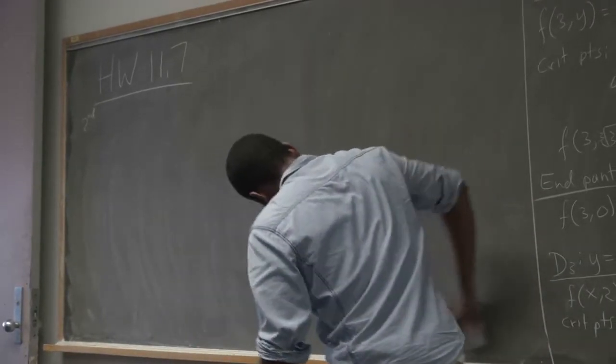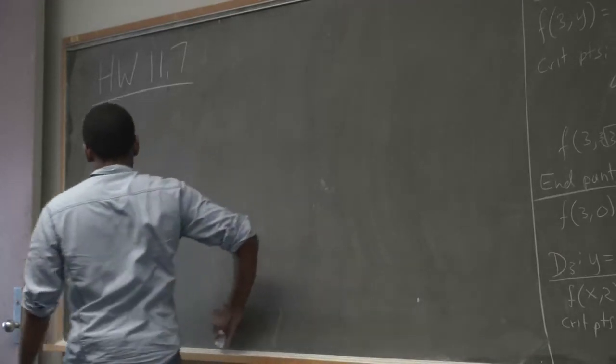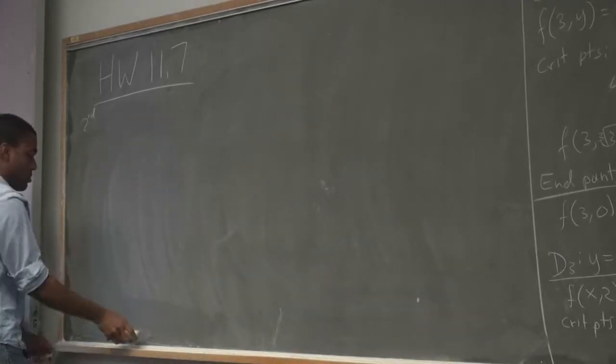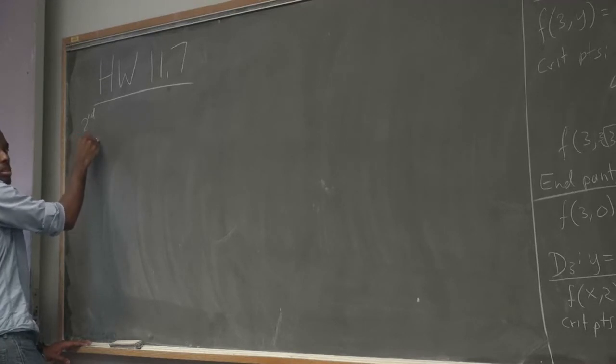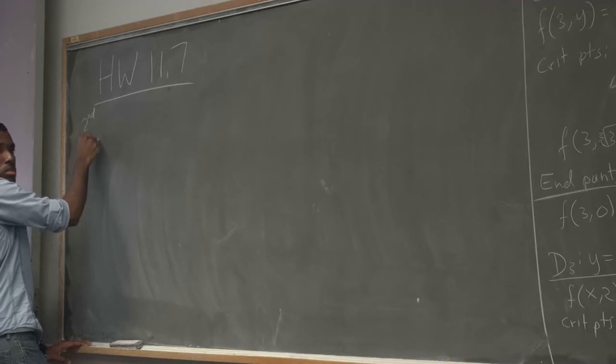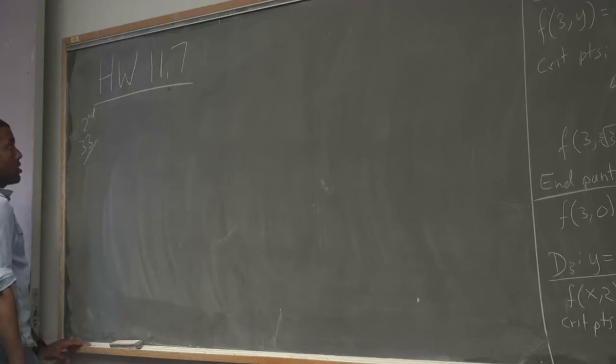Pick one. Which one do you want to do? I feel like they'd be similar. They're in the same section. 31 and 33 are similar. Sorry, 35 is different. Okay, 33, and then 35.